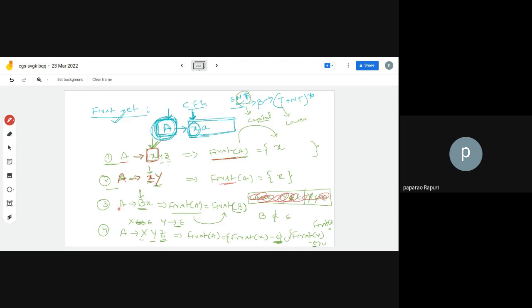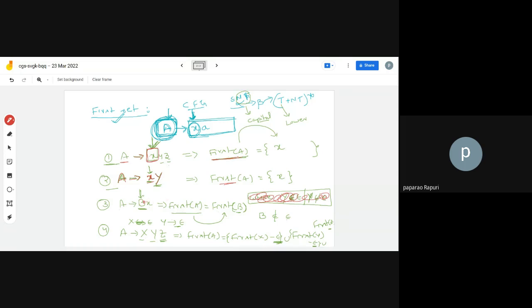Coming to the third one, A derives capital B, small x. Capital B means it's a non-terminal. Every non-terminal can produce some other non-terminal or terminals. Sometimes it is also epsilon.